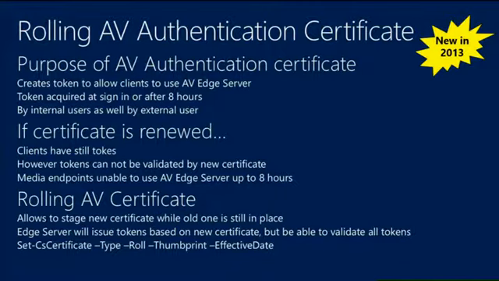So until the point of time where I enable this command, or where the effective date, it will just use the old certificate. Now, effective date happens, it will start issuing tokens with the new certificate, but the old tokens are still valid, so all my users can still use the Edge service. And this will prevent you from having downtime if you ever need to change your AV Edge server certificate, because it might have been expired.